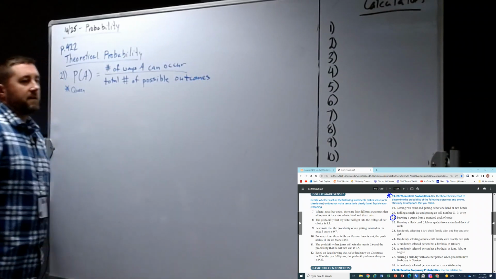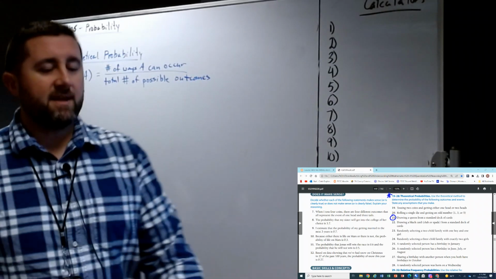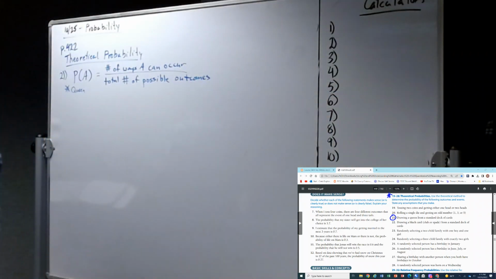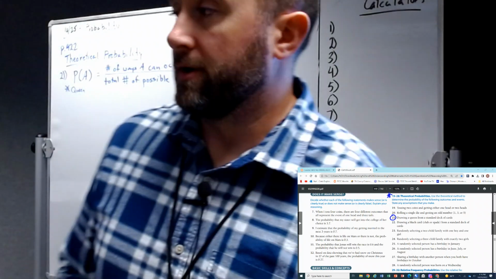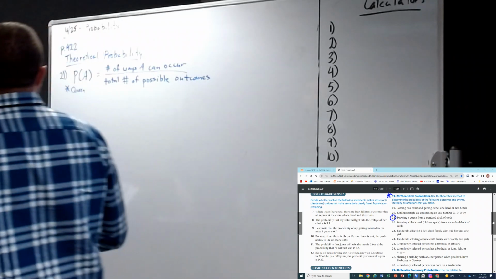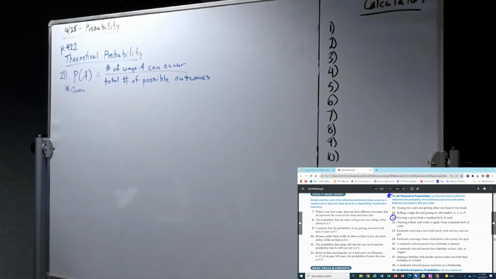Okay? So, whenever they say a standard deck, all they mean by a standard deck is one deck with no jokers. Some card games use multiple decks, right? And by standard deck, they mean 52 in a deck.